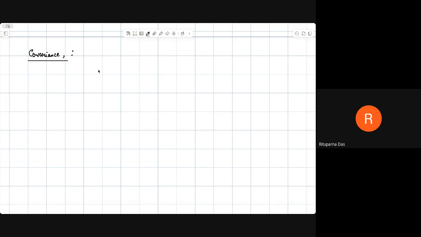Say x is a numerical variable, y is another numerical variable, then covariance of x and y will give sum of xi minus x bar, yi minus y bar, divided by n, and i runs from 1 to n.